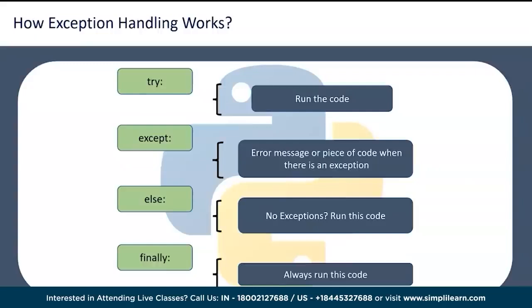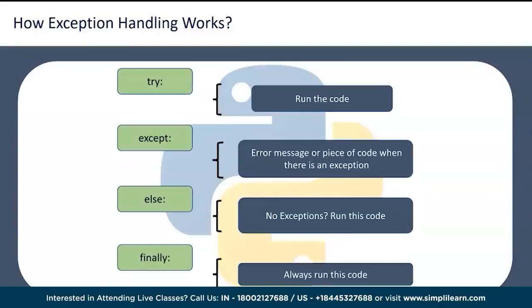And if there is no exception in my code, how will the code behave? It could be possible that there is a runtime error, but if there is none, then you might want to do some logical calculations, and you can put that in the else block.